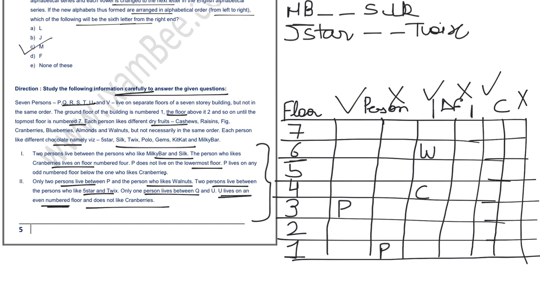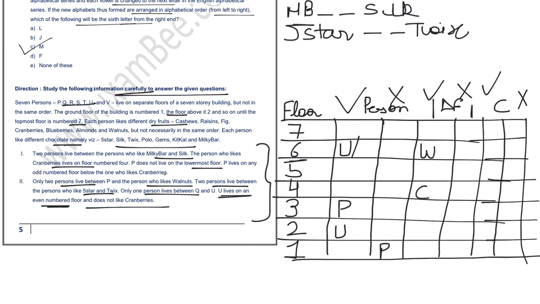So U might live on floor number 2, or U might live at floor number 6, because these are the only possibilities at which U can live.